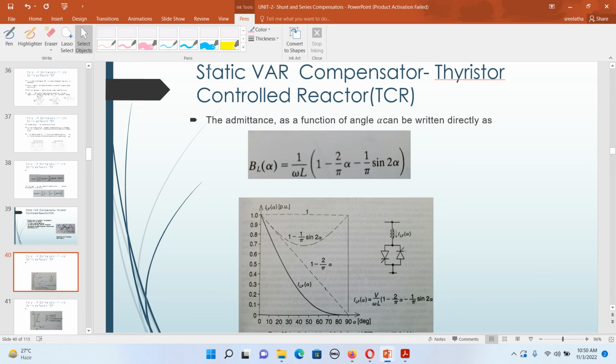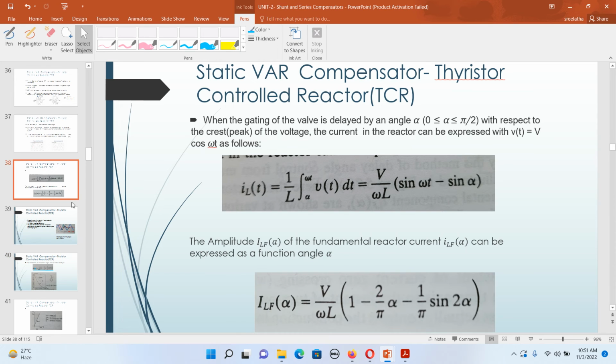And similarly, we have an equation for BL, that is nothing but admittance. So this is the equation for admittance. When alpha is the firing angle, we have 1 by omega L times 1 minus 2 by pi alpha minus 1 by pi sine 2 alpha.